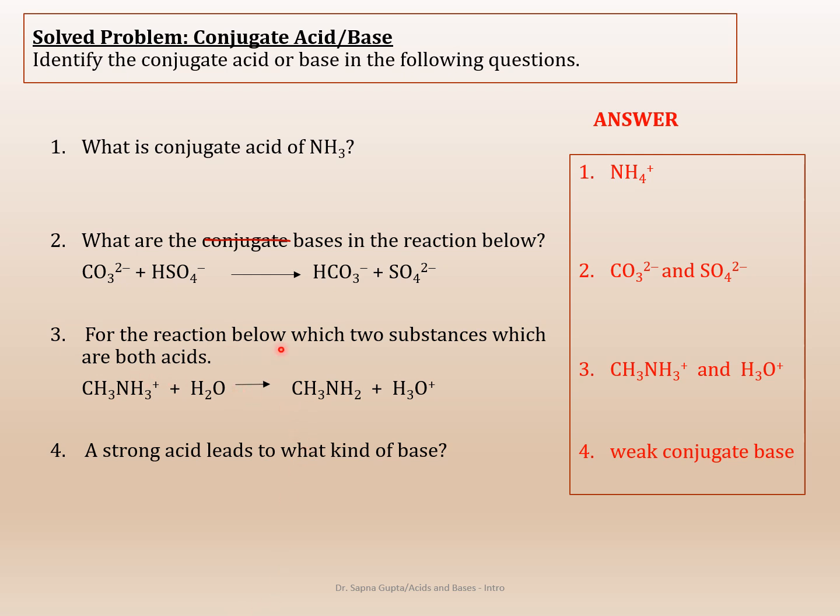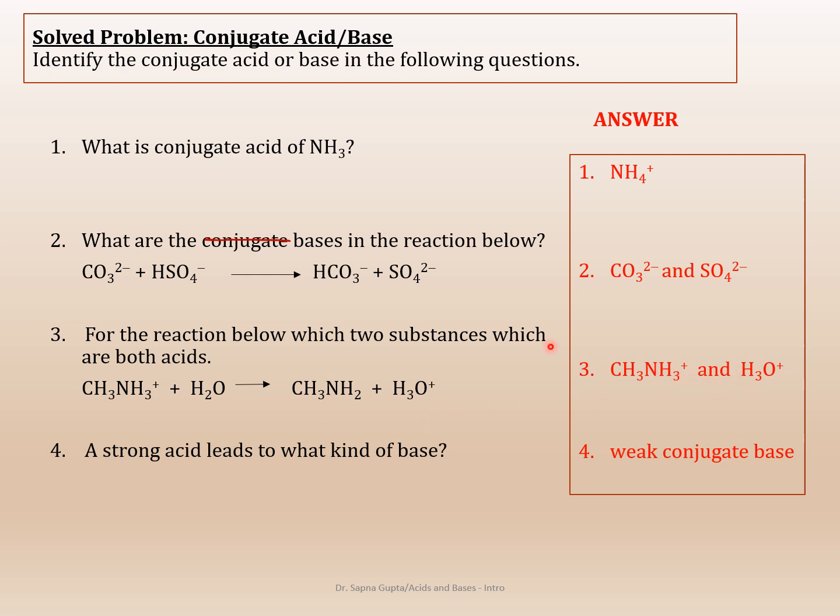Okay, so for the following reaction, which two substances are both acids? Now we're looking at the opposite thing. Just look for the positives. So much easier, right? Here is a positive, here is a positive. I was going to look for the negatives for the bases, but everything was negative, so I thought, now we have to do something else. But here, luckily, we have the positives. So the positives are going to be over here.